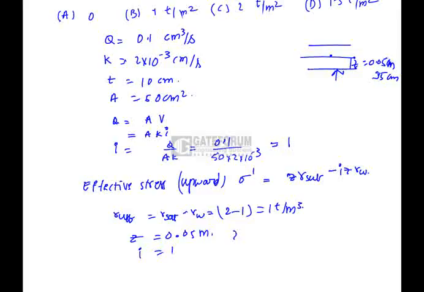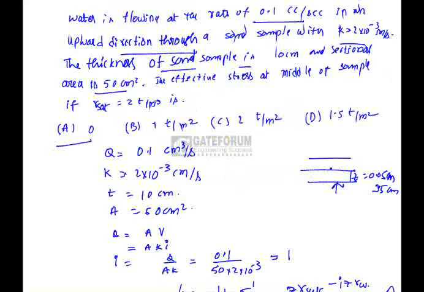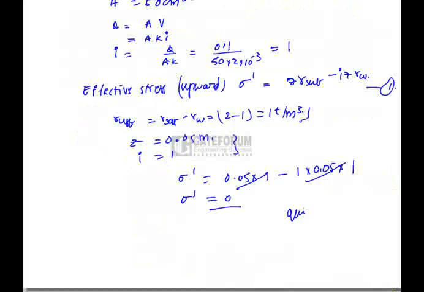By substituting these values in this equation 1, we get sigma prime is equal to 0.05 into gamma submerged is 1, minus i is 1, Z is 0.05, gamma W we know 1 ton per cubic meter, that is equal to 0. So the effective stress is going to be 0. It leads to the quicksand condition where the effective shear strength is equal to 0.